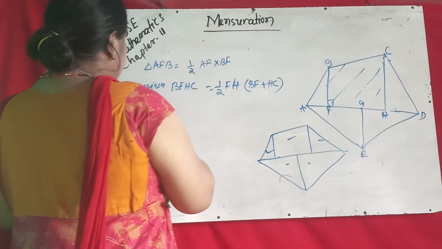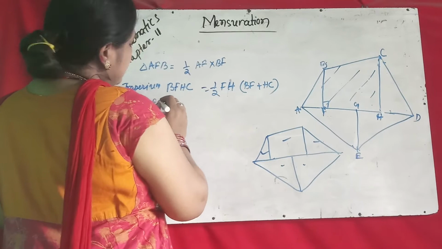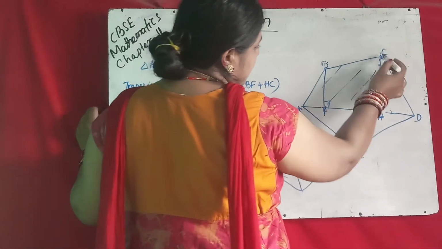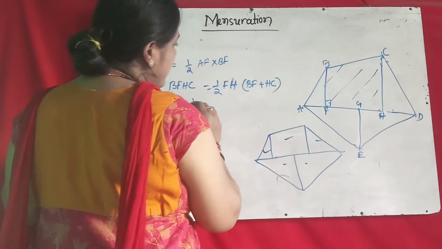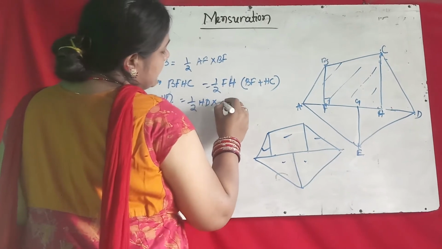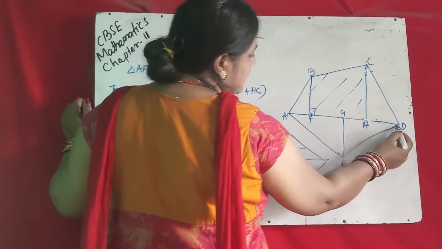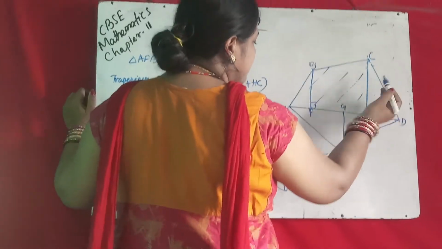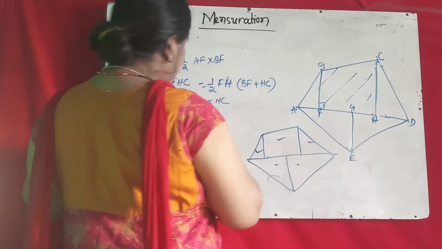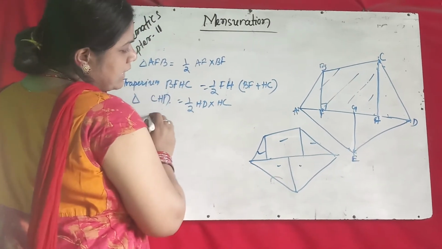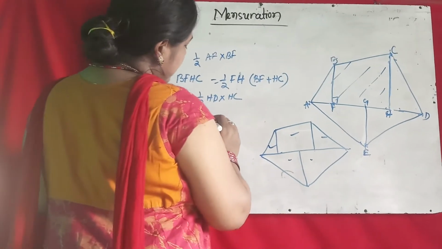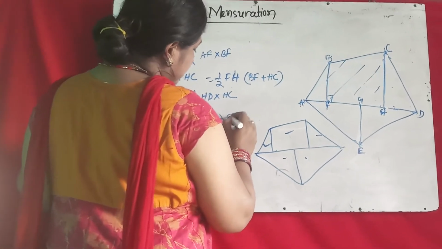Then again triangle CHD. Same formula: half base HD into height HC. Again coming to this side, the area of triangle AED is half AD into EG.